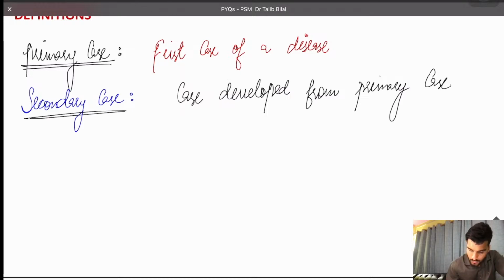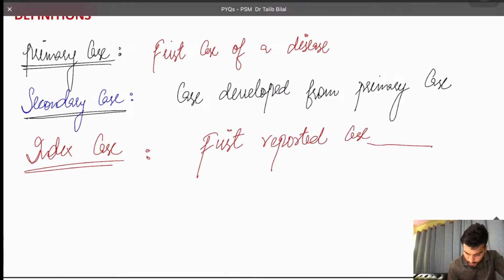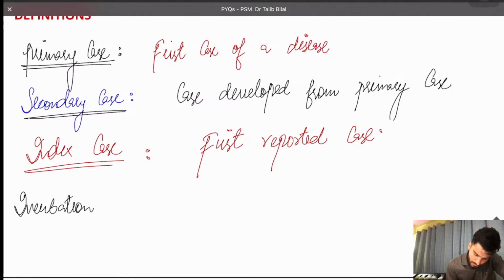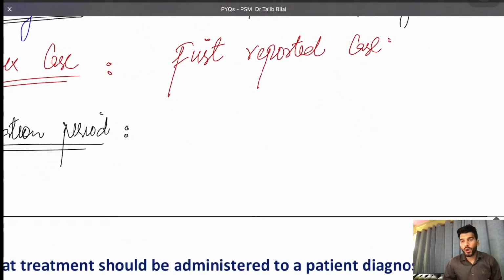What is the index case, my dear students? It's the first reported case. What do I mean by incubation period? These definitions are all important, my dear students. Incubation period: it's the time interval between entry of an organism till the first sign or symptom.